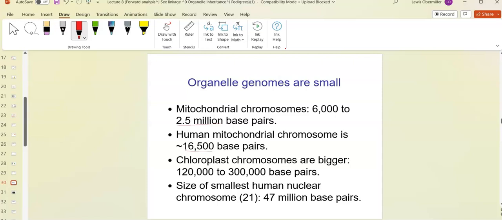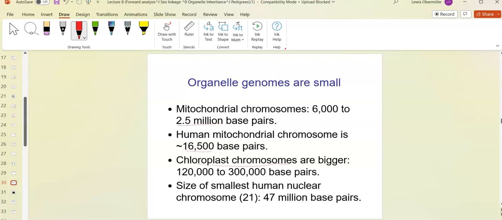Not a lot of genes, especially considering we have over 3 billion nucleotides in our nuclear DNA. Chloroplasts are bigger by comparison to mitochondria, but they're still relatively small when you compare them to nuclear genomes.